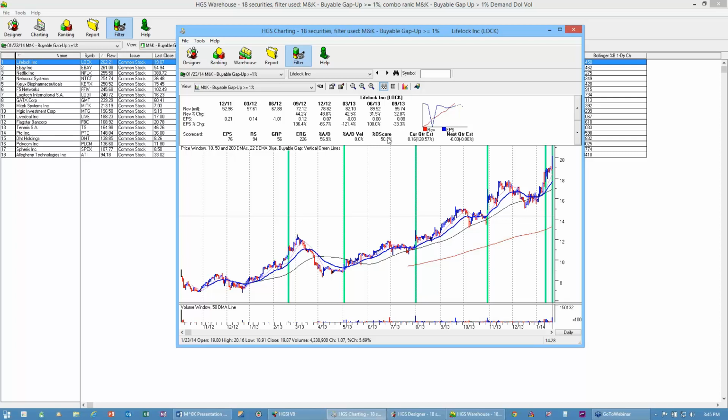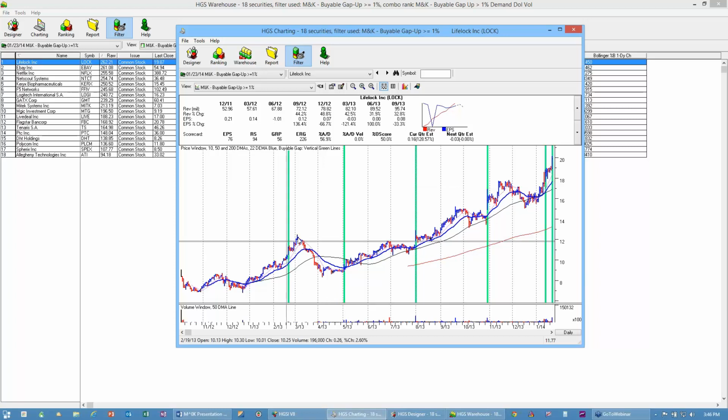This is what we call our visual backtest filter. What that green line represents is a buyable gap. So you can see that in LifeLock there was a buyable gap on Thursday, yesterday, but there have been several buyable gaps here. Now they don't all work out, of course. Nothing is that easy, but most of them have been profitable.